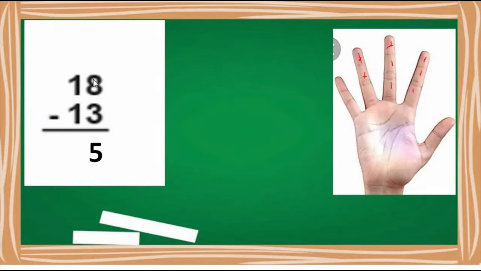After finishing the 1's column, move on to count the 10's column. There is present number 1. 1 minus 1 is equal to 0. Hope you all understand this double digit subtraction.